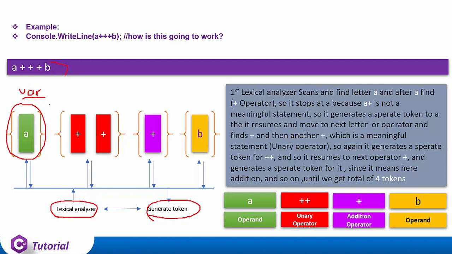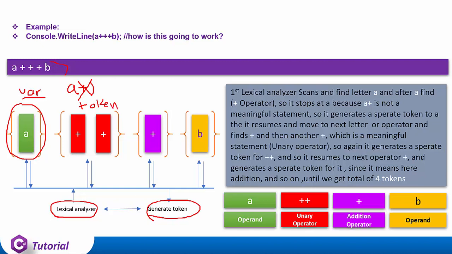So it will go to the next one, find a plus. So a plus is not a meaningful thing for the compiler, so it will skip making a plus one token. They cannot be one token. So it will check the next one. Okay, there is another plus. Okay, plus plus, it is a unary operator, so it's a token.